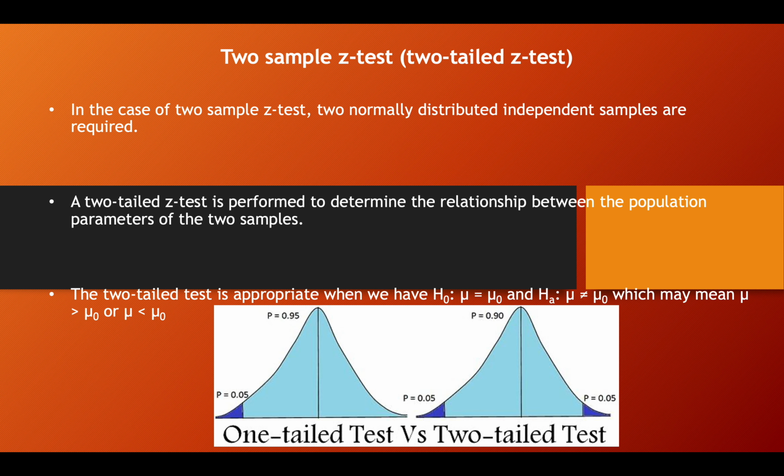The two-tailed z test is appropriate when we have H0: mu equals mu naught and Ha: mu is not equal to mu naught, which may mean mu is greater than mu naught or mu naught is greater than mu. Thus, in the two-tail test, there are rejection regions, one on each tail of the curve.